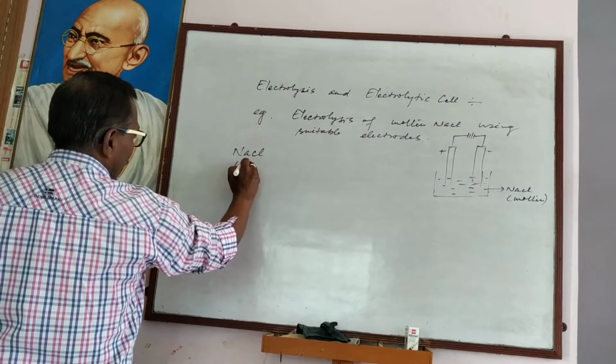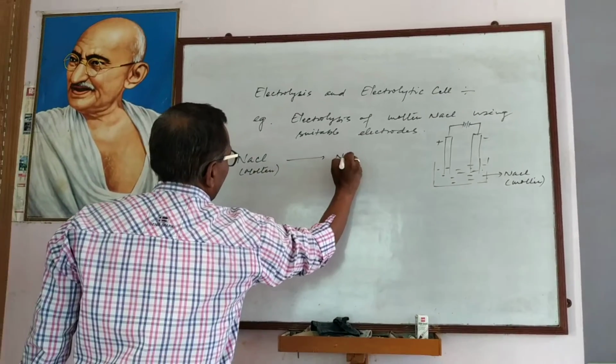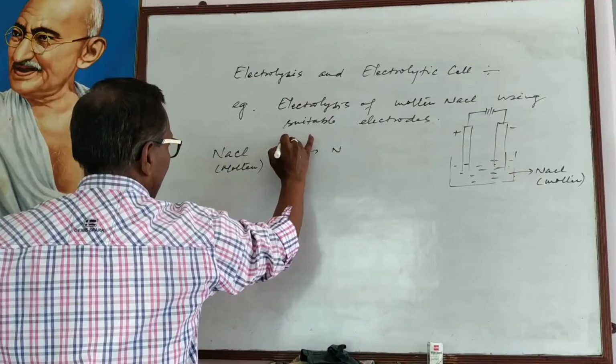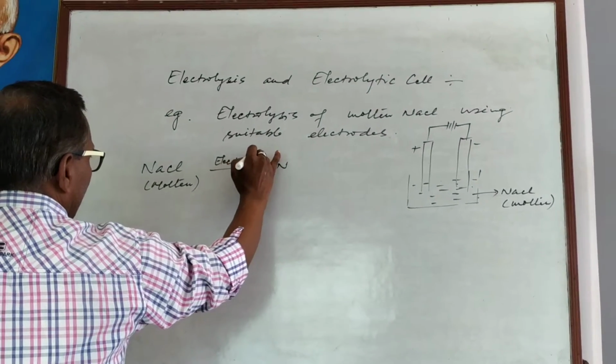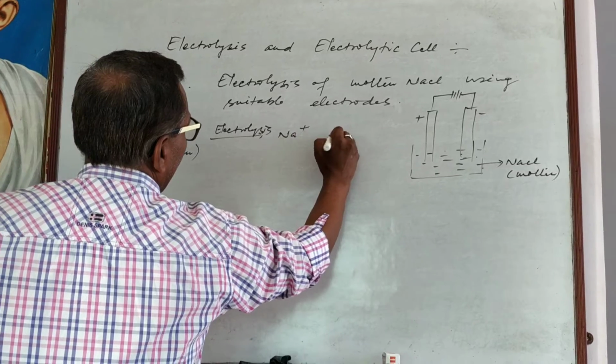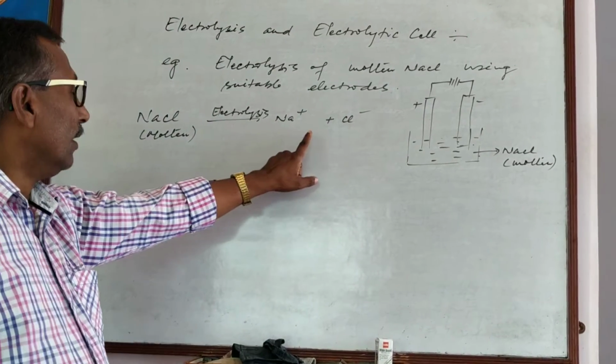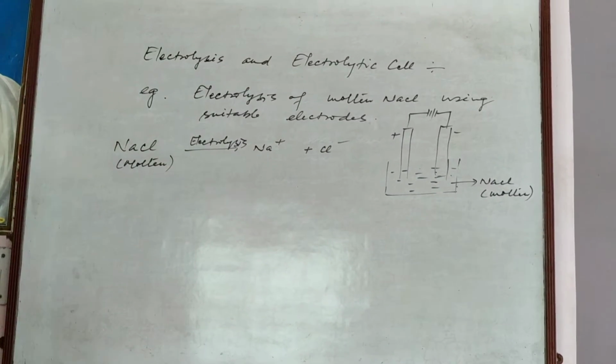NaCl molten, by electrolysis, gives Na+ and Cl−, in the form of ions.